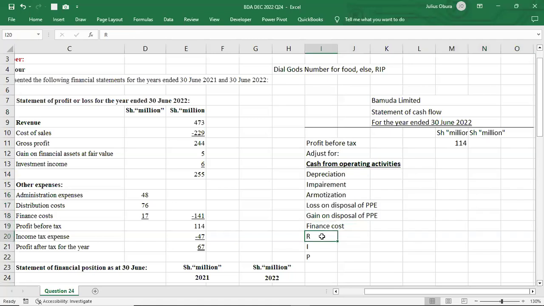Our working capital normally has three main items: receivables, inventory, and payables. You take these from the statement of financial position directly. By extension, the only thing that we can add here is prepayments and accruals.